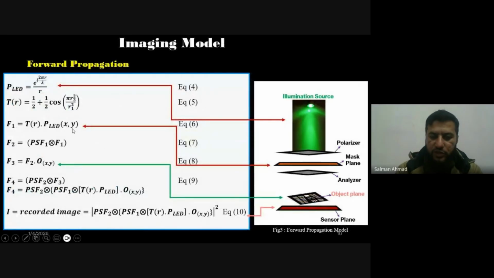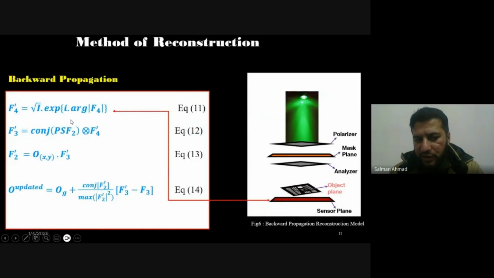Yes, sir. Here we use F3, which is a forward propagation, the light moving towards the sensor plane. While in this slide, we move this light from the sensor plane back towards this plane to attain the actual information from that, and to split each and every part.